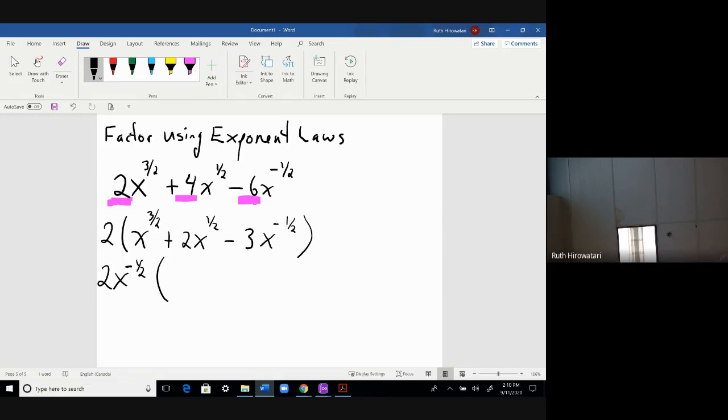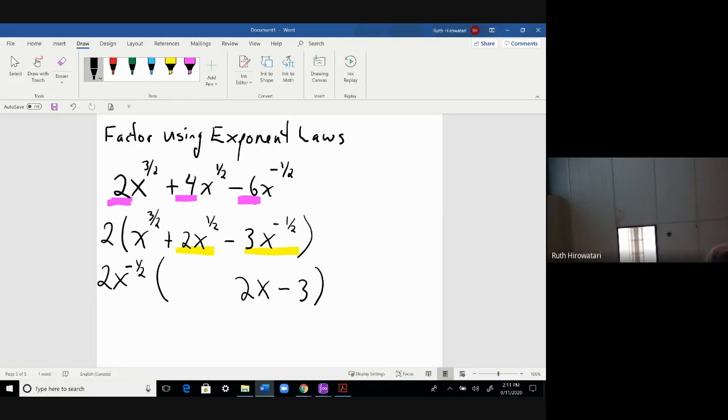So if I take out the x to the minus 1/2 out of the very last term, I think it's easiest to see here, then I'm just going to have a minus 3 at the end. If I factor out an x to the minus 1/2 out of that term, I'm going to have a 2x. How come?